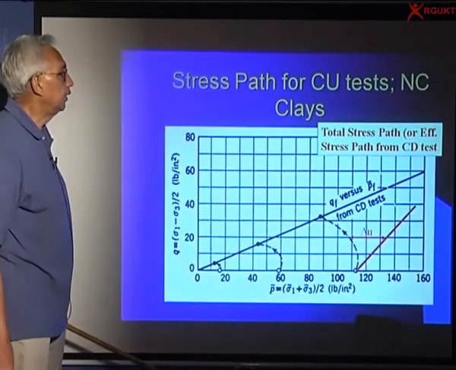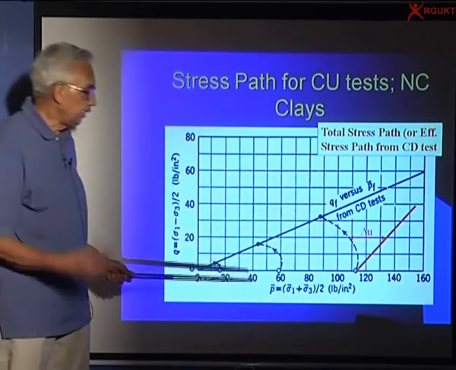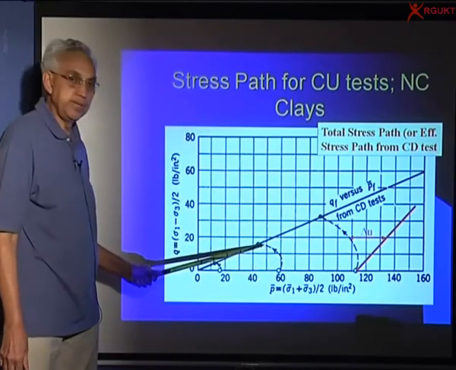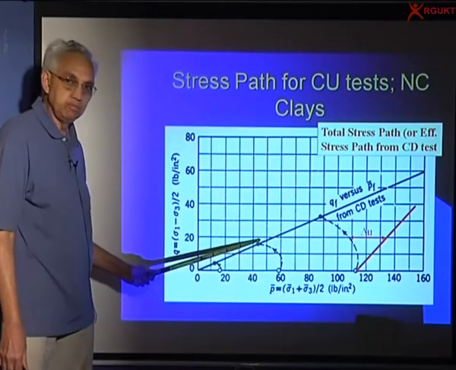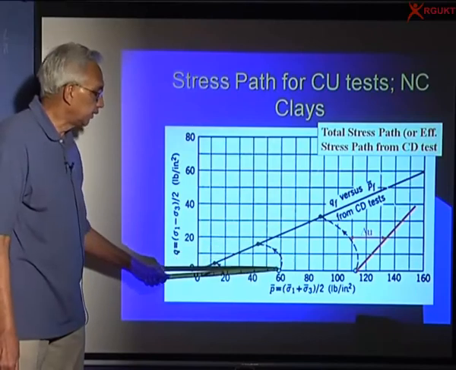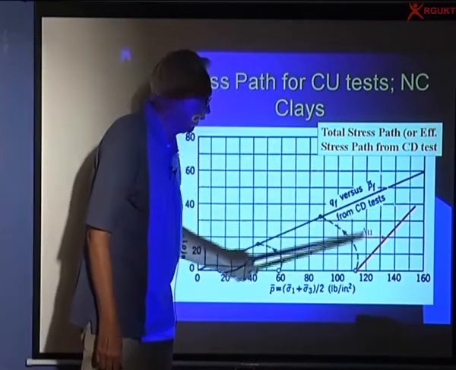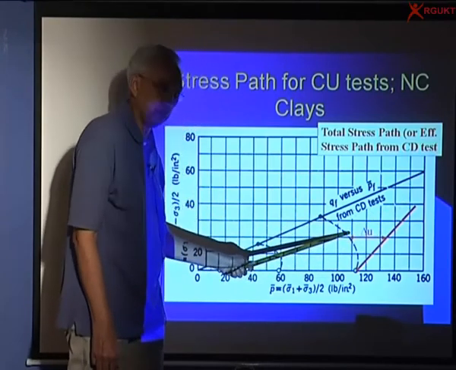And if I have a consolidated undrained test, because of the increase in pore pressure, sigma 3 decreases and p value decreases. So even though the deviator stress is increasing, the q value decreases and the stress path comes back. This is the total stress and this is the effective stress path. The difference between them is the pore pressure.